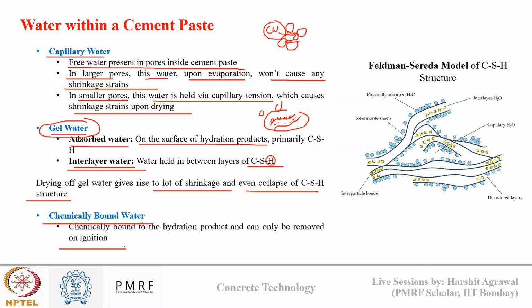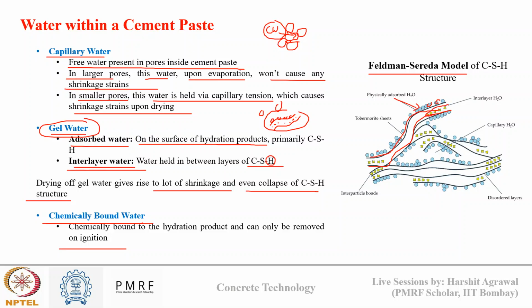Okay, so there is one very famous explanation of different types of water in cement hydration, using the Feldman-Sereda model of CSH structure. In this structure, you can see different types of water apart from the chemically bound water. This is my layered structure of CSH. The water adsorbed over this layer, the blue circles, is physically adsorbed water.